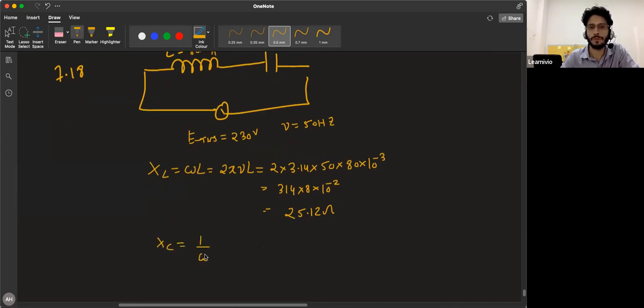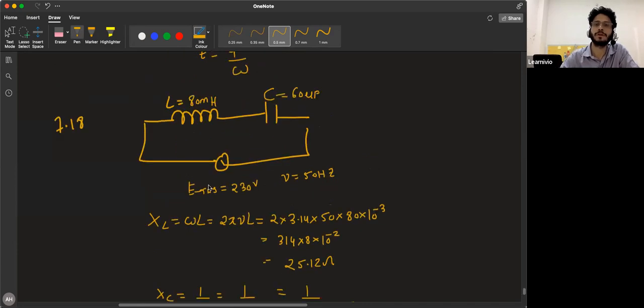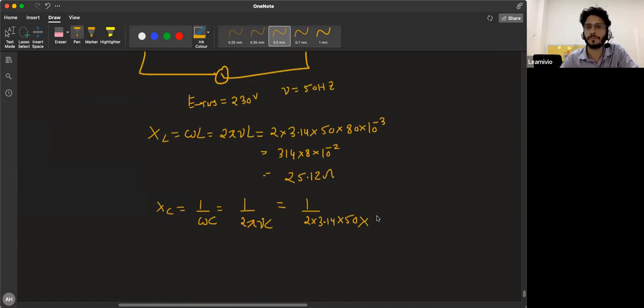XC is 1 by omega C. So it's 1 by 2 pi nu into C. 2 pi is 3.14, frequency is 50, and C is 60 microfarad, 60 into 10 raised to the power minus 6. So 1 by 314 into 6 into 10 raised to the power minus 5.